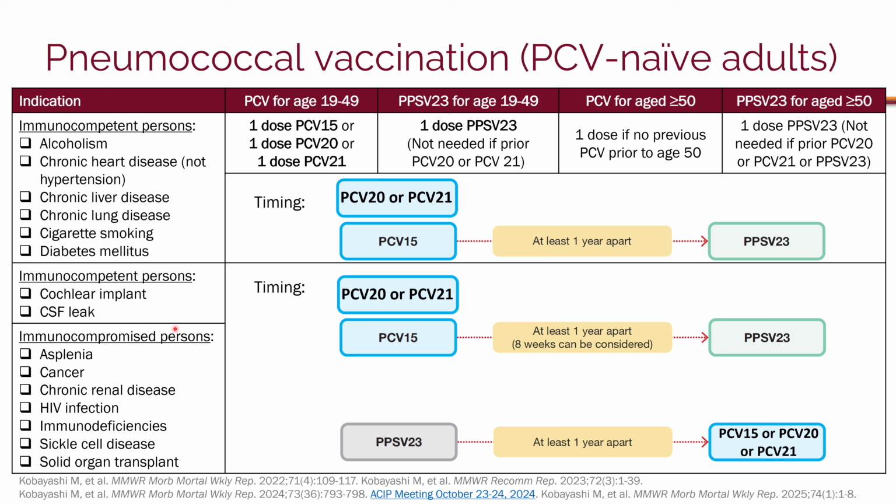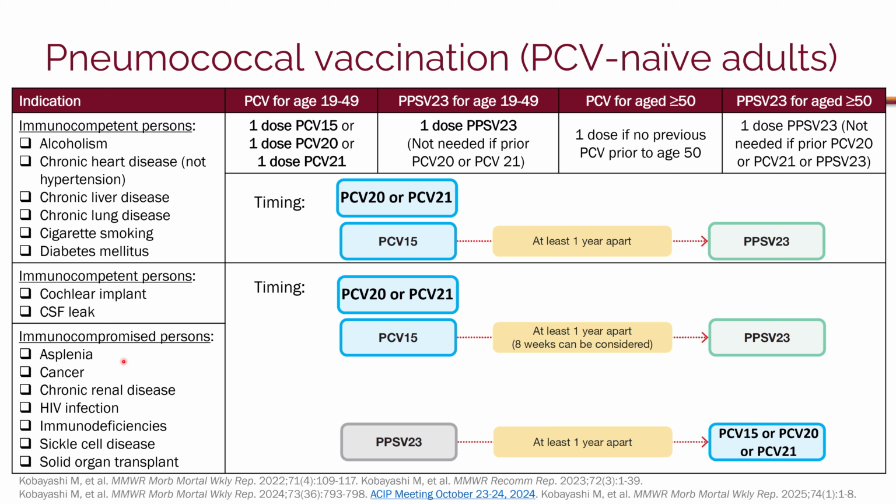So for these last 2 groups, the recommendations are still the same. So prior to age 50, they do need to get a complete series of PCV followed by a PPSV 23. And then once they turn 50, they don't really need to get anything unless they have not previously received one.